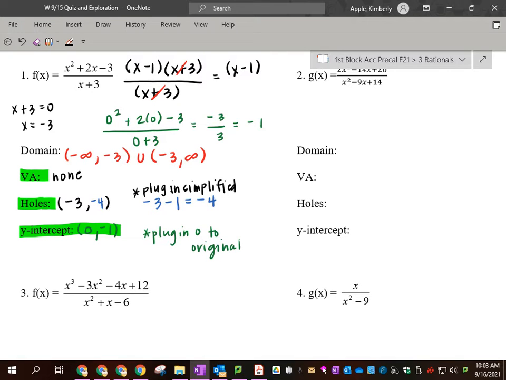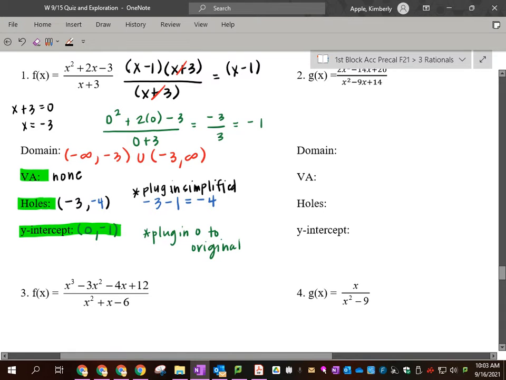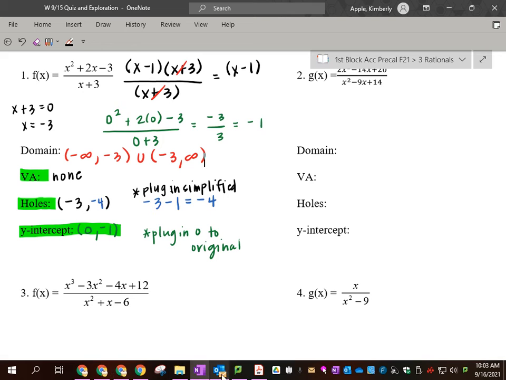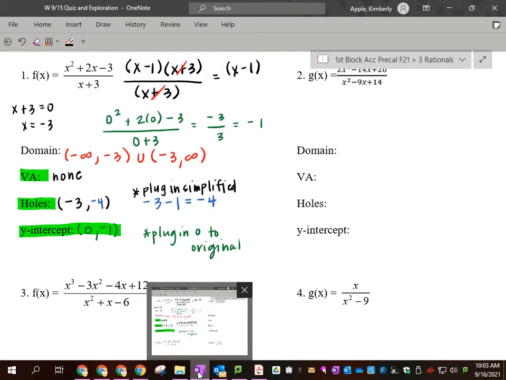So I'm going to show you on the graph why that happens. Just get that written down so that you can reference it when I put Desmos back up on the screen. So the hole is at (-3, -4). And we will come back to it.